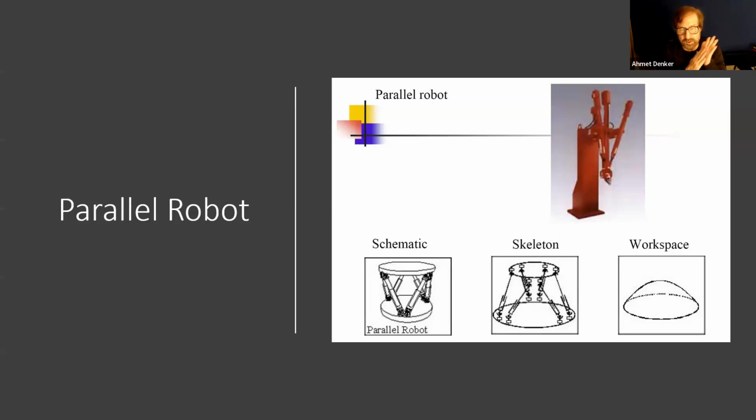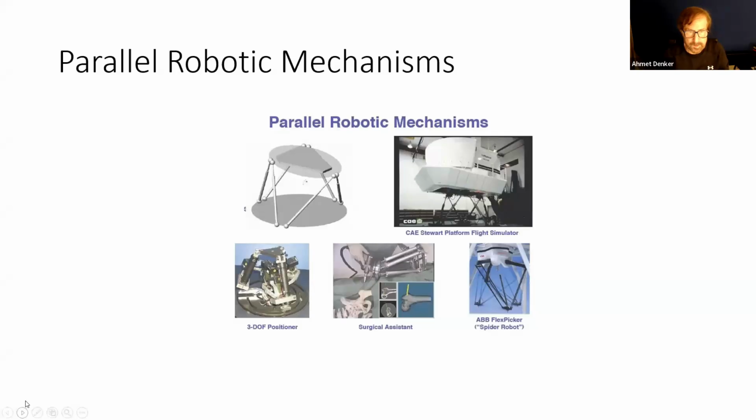Where do we use it? For instance, in all flight simulators, which we use for pilot training, parallel robots are used. For instance, here you see a Stewart platform, as it is called because of the designer's name.